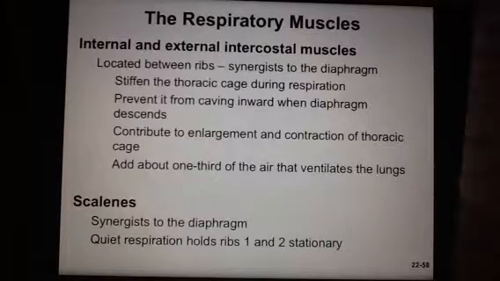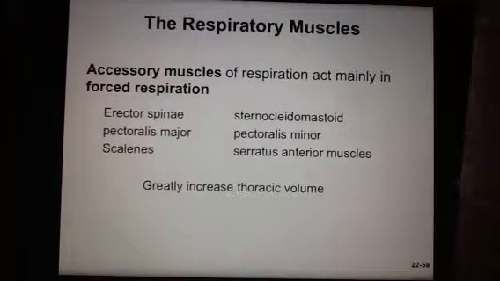And it does add about 1/3 of the air that ventilates the lungs. This talks about some accessory muscles that help in forced respiration. We're going to focus on quiet respiration for now, but just realize when you are doing those extremely deep breaths that there are some accessory muscles, more than just the diaphragm and intercostals.